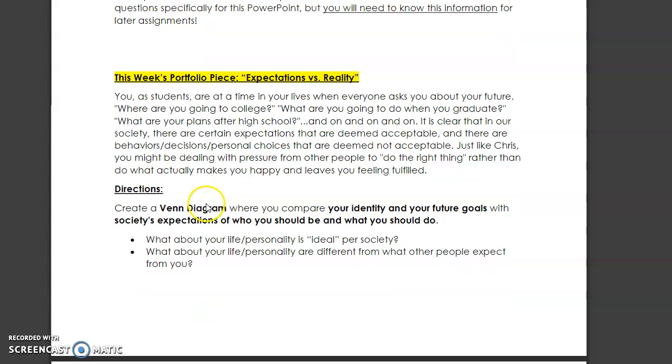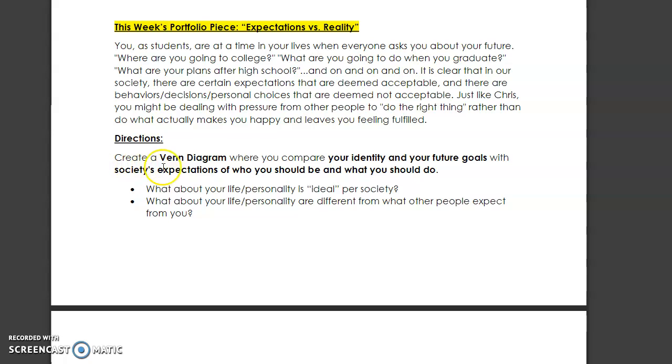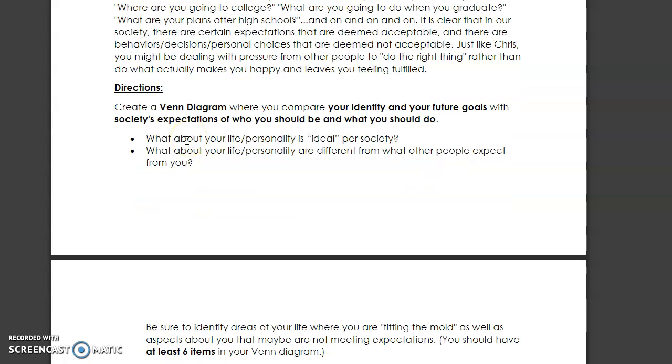So here are the directions for the portfolio piece. You're going to be making a Venn diagram, so you know our 2 overlapping circles, differences, and how they're similar, in which you're comparing your identity and your future goals with society's expectations of who you should be and what you should do. So here's some things to think about.